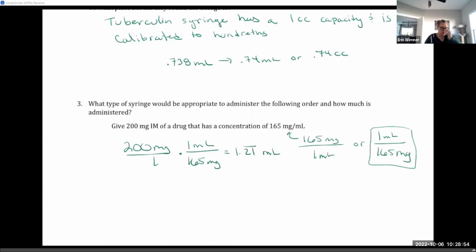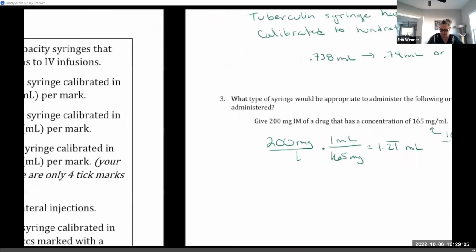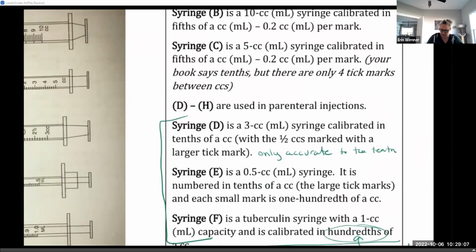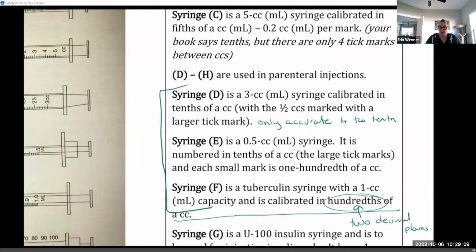Okay. So we need to give more than 1 milliliter of drug, right? If we go back to our previous page, the only syringe that's going to give us more than 1 milliliter, and we want to draw the entire medication in one syringe. We don't want to have to use multiple syringes.